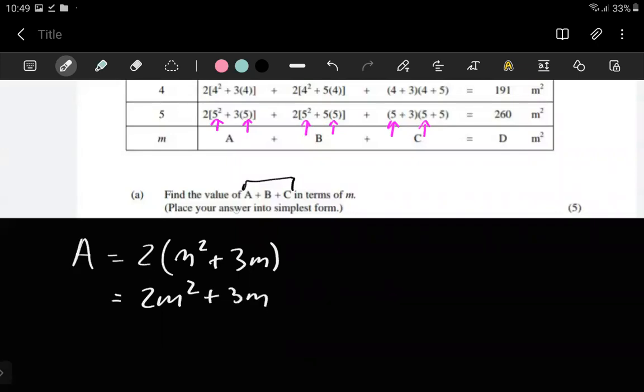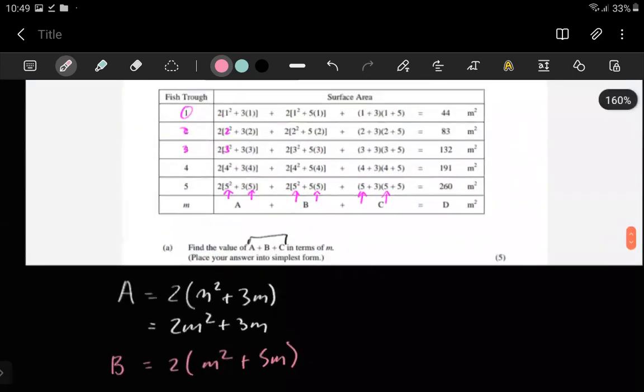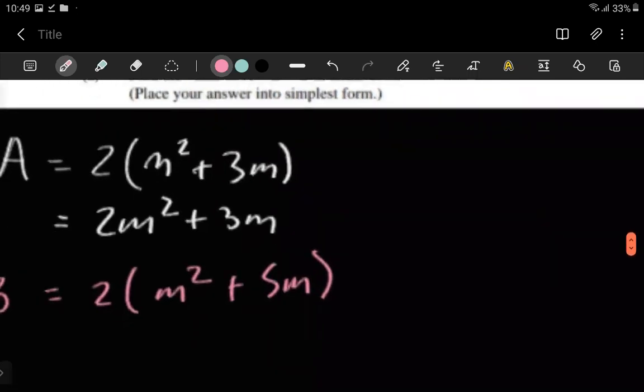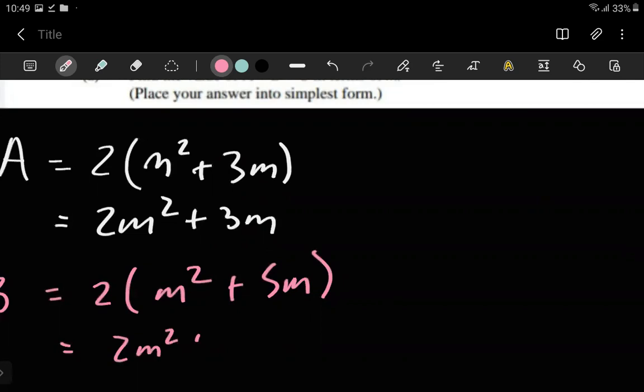And then when you cannot do anything, you move on to the B. B would have been 2 and then m squared plus 5 with m there. Yes, it's 5 because here you see the 5 is everywhere: 5, 5, 5, 5, 5. So that's going to be 5m, meaning that this is like 2m squared plus... oh yeah, I made a mistake. It's supposed to be 6.